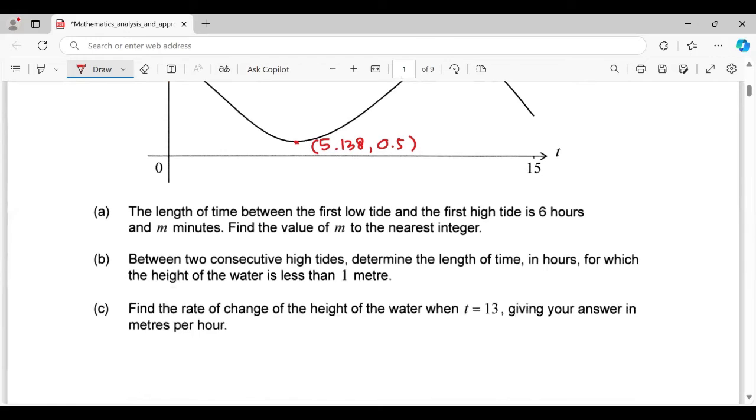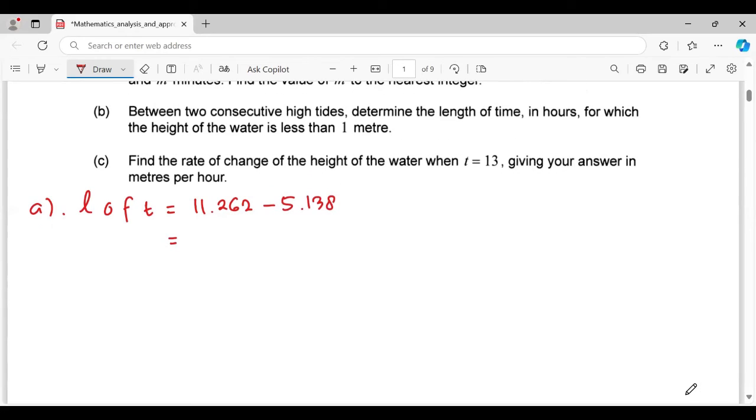Right. So part A, the length of time is 11.262 minus 5.138, and it is 6.124 hours.